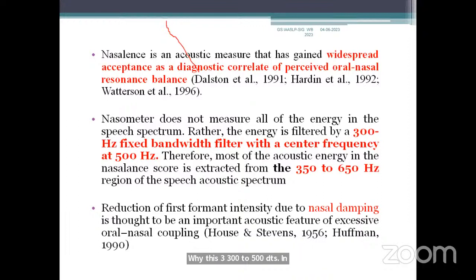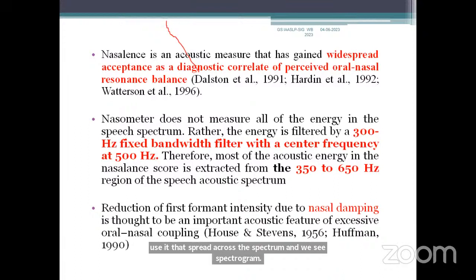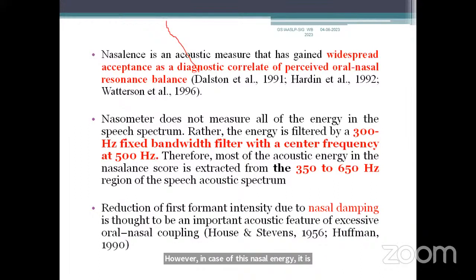Because oral sounds spread across the spectrum when we see a spectrogram. However, nasal energy is low frequency energy or low frequency noise which dampens our entire speech spectrum. These low frequency noises are picked up in the lower range of the spectrum. That's why the filters are fixed in such a way that, across the instrument, they are set between 350 to 600 hertz.